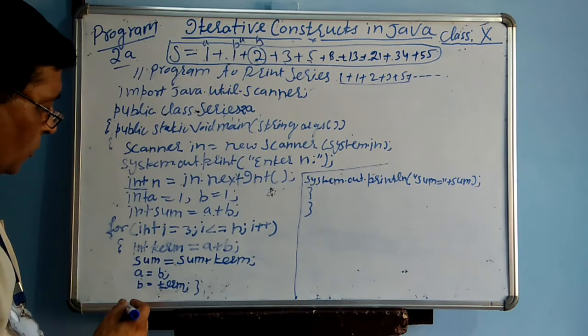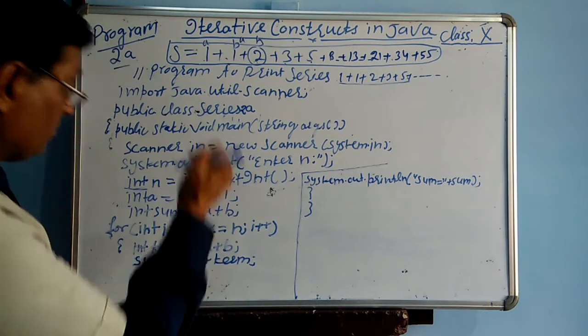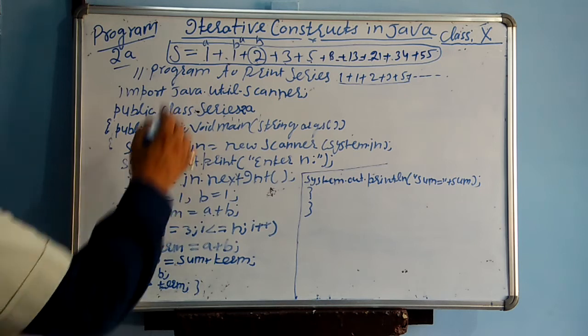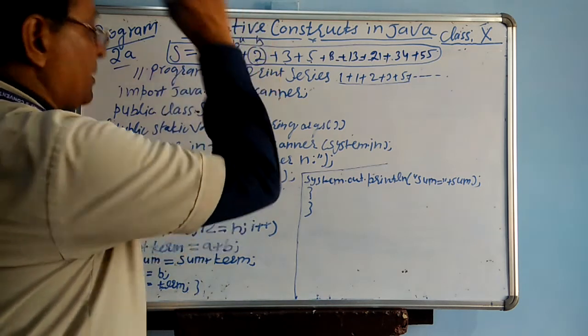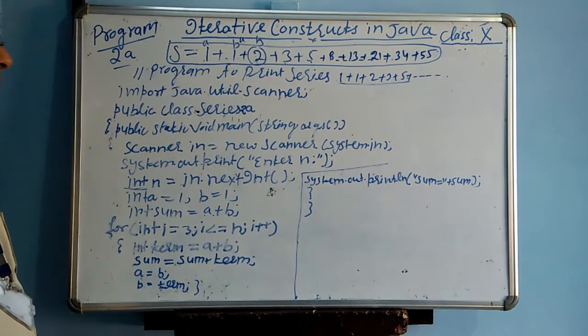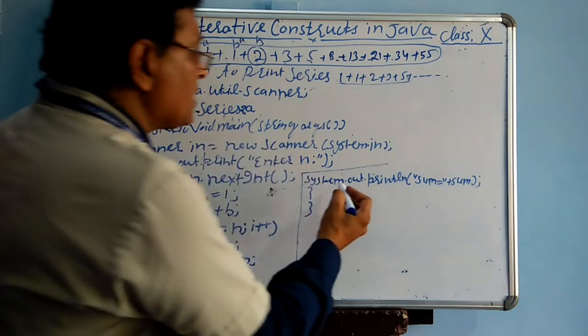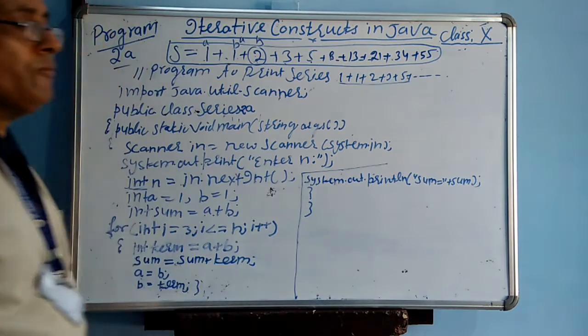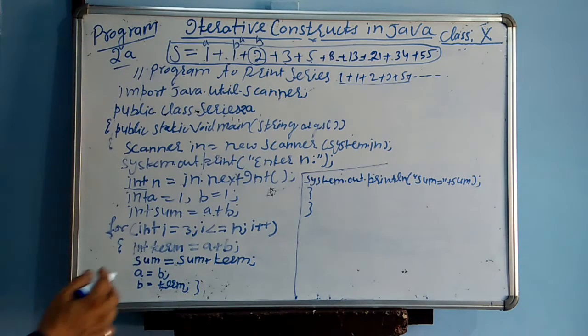And b is equal to term, meaning a plus b gives the term. Then next is System.out.println: sum is equal to the sum of the digits you have given here.